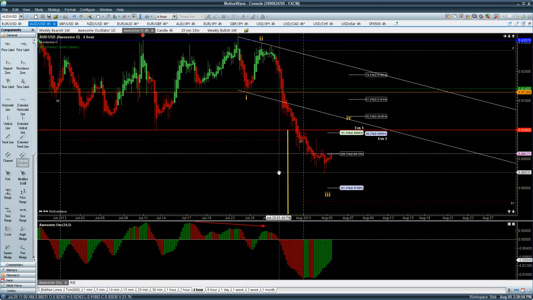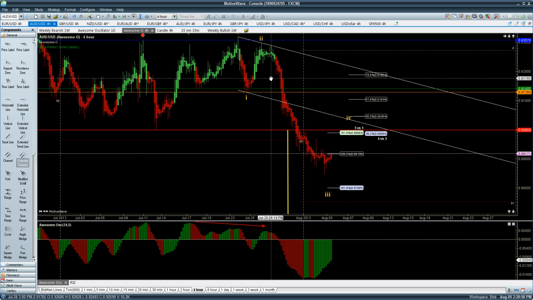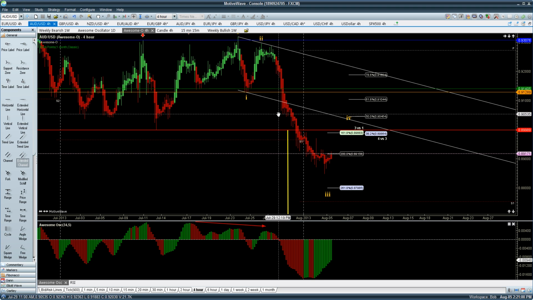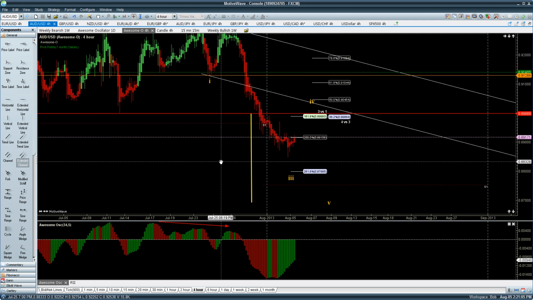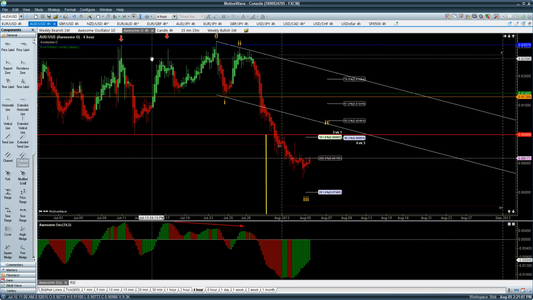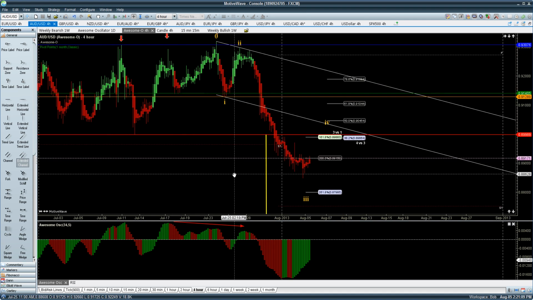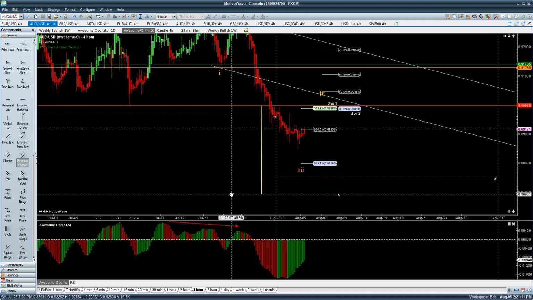It had a nice little zero line cross, and on this candle, obviously it met its target, and continuing lower. This consolidation width now measures down to about 87.